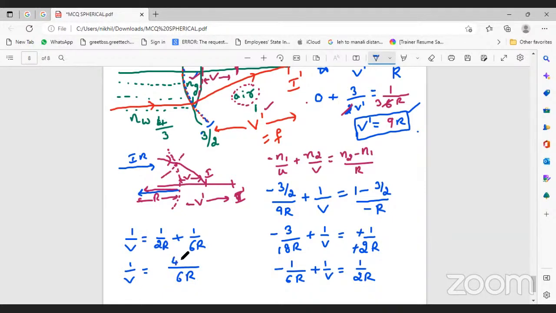So it becomes 4/6r. So what is v? 6r by 4, which is 3r by 2. So exactly where is the final image going to be formed?